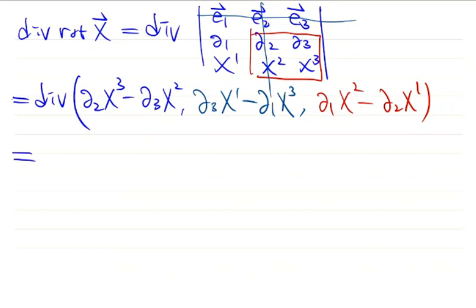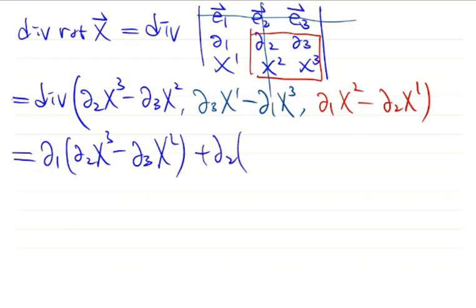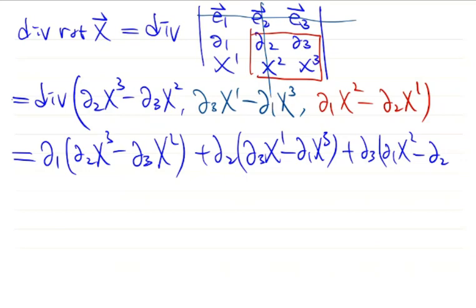Now, to continue, we apply the definition of divergence: the first component taking derivative with respect to x1, the second with respect to x2, the third with respect to x3, and the sum gives the divergence. Therefore, this is d1 of (d2x3 minus d3x2) plus d2 of (d3x1 minus d1x3) plus d3 of (d1x2 minus d2x1). Then you expand this and obtain a linear combination of second order derivatives.